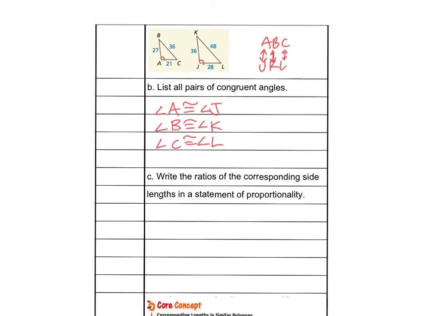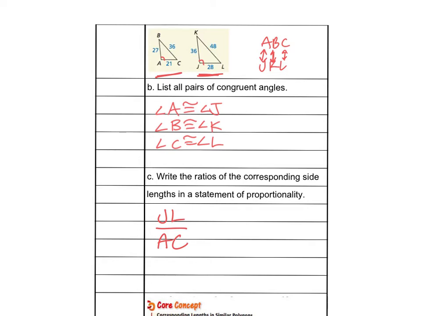The last one says, write the ratios of corresponding side lengths in a statement of proportionality. We're going to find corresponding sides, which we already did on the last one, but instead of using the value of the side length, we're going to use the letters to name the side. In this case, we're going to write JL over AC. That's just this side and this side.